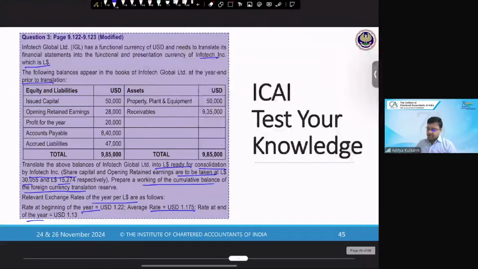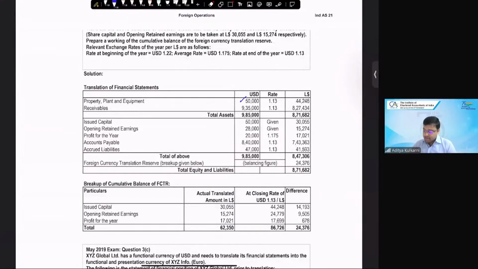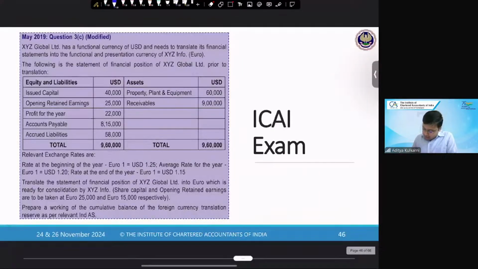First thing is to write all the line items of assets, liabilities, etc.: assets, receivables, issued capital, opening retained earnings, profits, accounts payable, accrued liabilities, total. Now, I will have to convert these using appropriate rates. Yes or no? Yes, sir. So what is my closing rate?